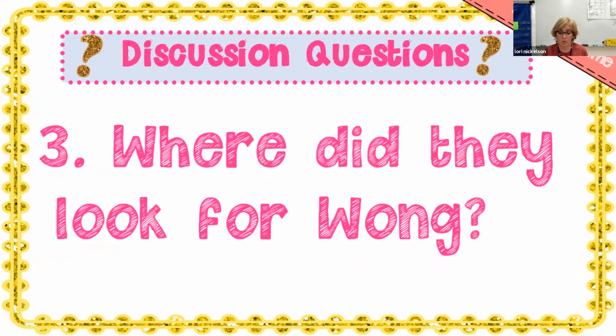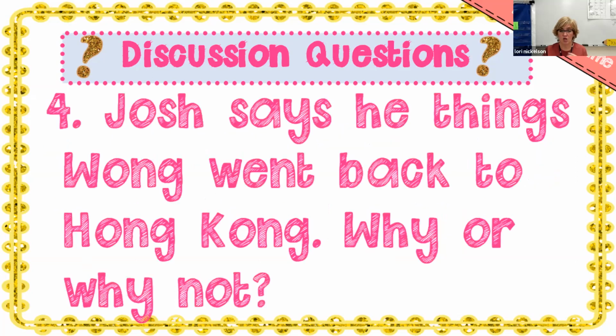Where did they look for Wong? Well, they were looking in the pots and pans in the kitchen. They looked in the den. But he came up out of a what? A vase. Ooh. Josh says he thinks Wong went back to Hong Kong.